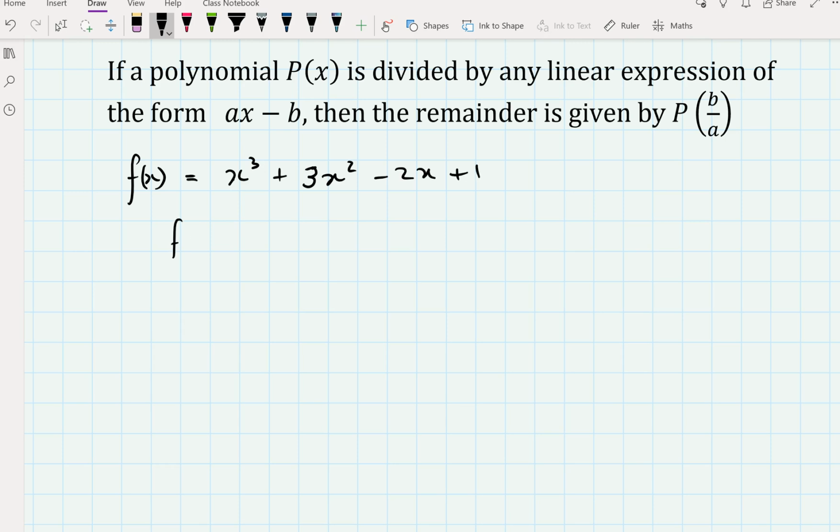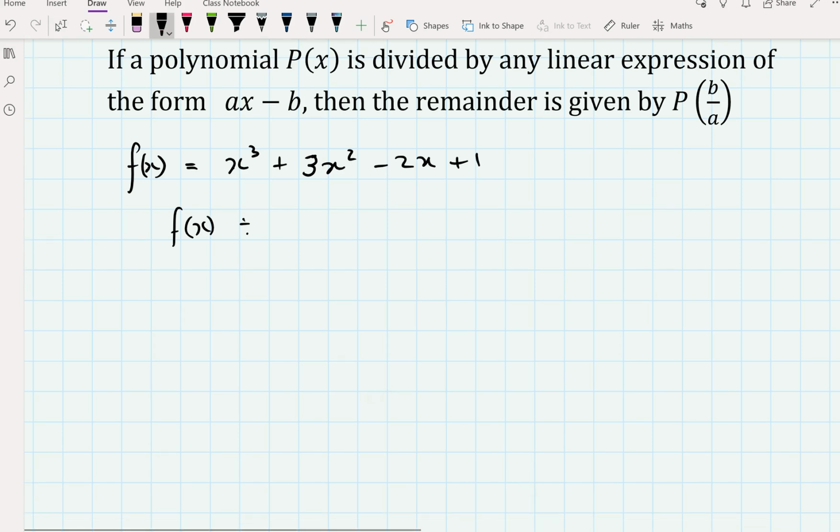And we wanted to know what the remainder was if I divided it by x plus 1. So what is the thing that will make this x plus 1 bracket equal 0? If I do this in my head, x plus 1 equals 0, x is equal to minus 1. If I substitute minus 1 into f, I should get what my remainder is going to be.